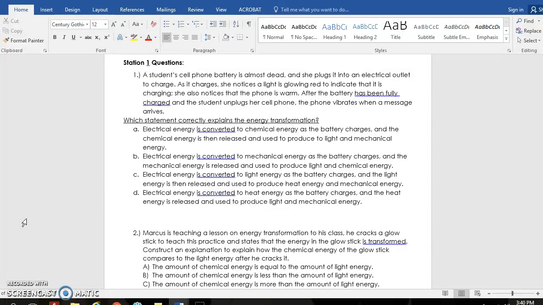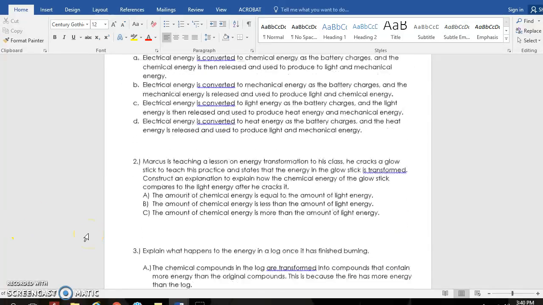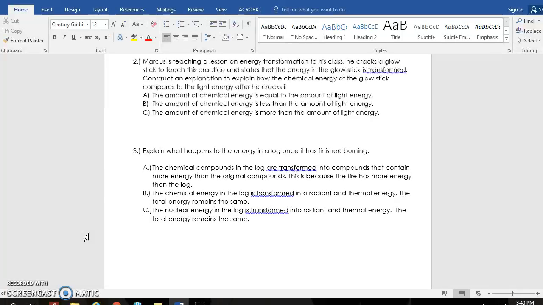Looking at number 2, okay, Marcus is teaching a lesson on energy transformation. He cracks a glow stick to show energy transformation. So construct an explanation for how the chemical energy of the glow stick compares to the light energy after he cracks it. Well, we know, thanks to the law of conservation of energy, energy cannot be created or destroyed.